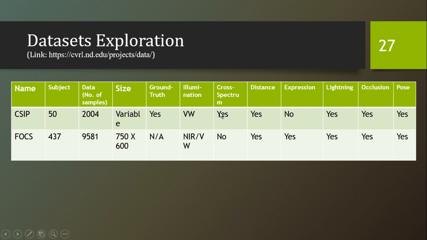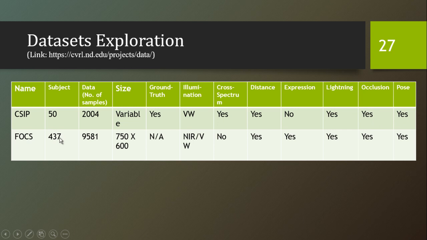So a kind of performance degradation also comes from different sensors and illumination factors. The images were captured from different distances. Expression was not present. Lighting was present. Occlusion was present, like wearing glasses and without glasses. Pose was also present in the images.